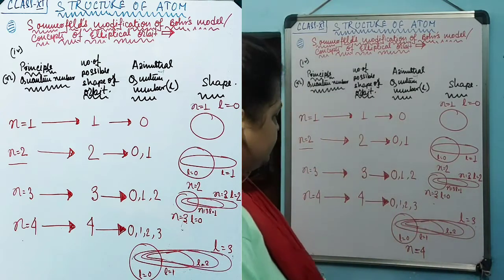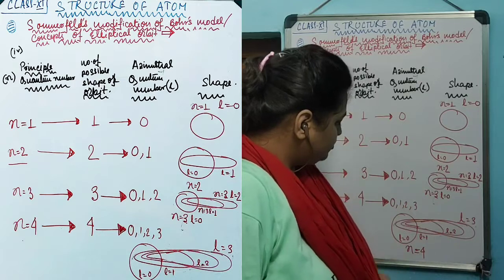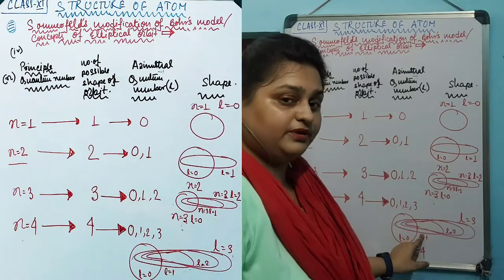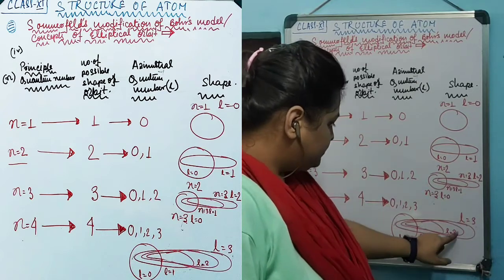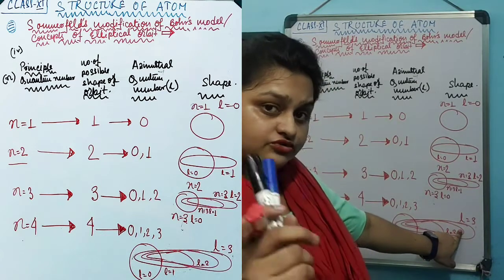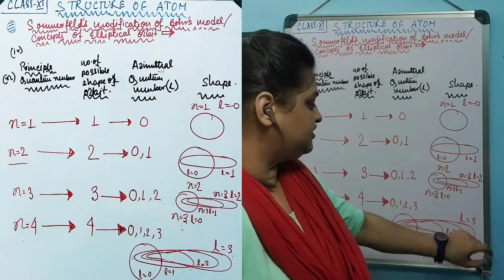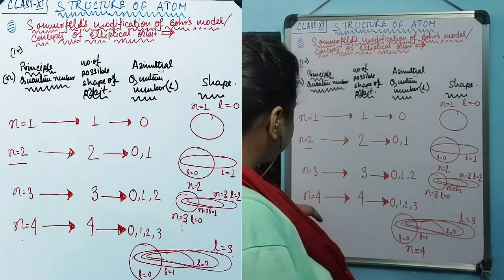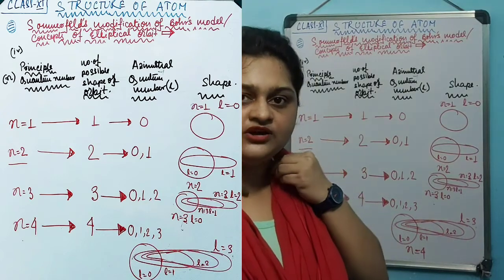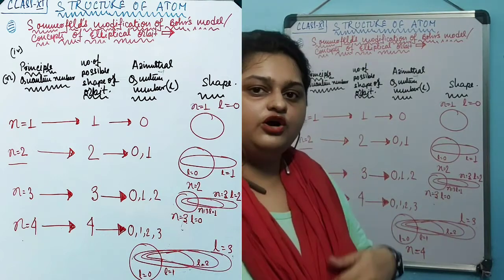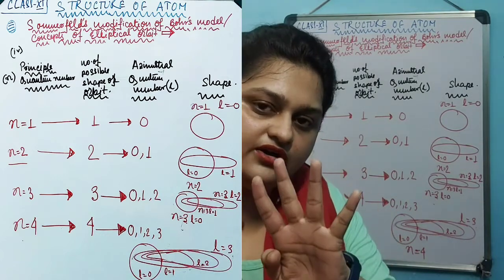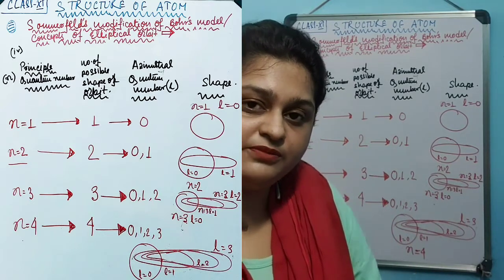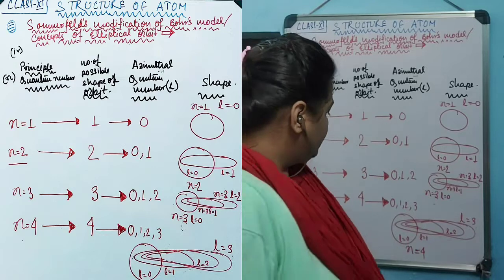That is, for the circular path n equals 4, l equals 0. For this one n equals 4, but l equals 1. For this one n equals 4, but l equals 2, and the last one n equals 4, but l equals 3. That is, in the fourth energy level, the electron is permitted to revolve in 4 different shapes of the orbit.